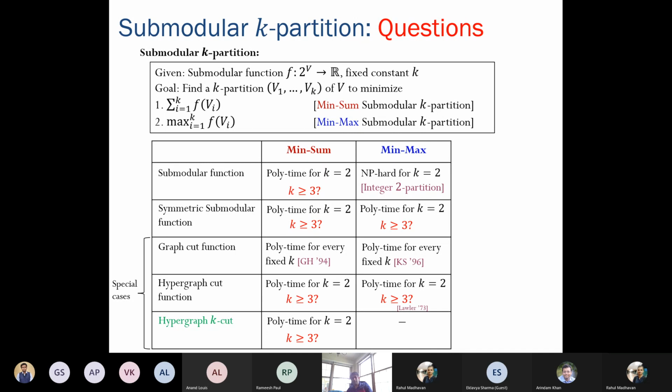Approximability, I don't think anything better is known. Monotone submodular functions are more interesting from the perspective of maximization problems than minimization problems. There we think about approximations when we want to maximize these measures. Minimizing, yeah, we don't know polytime for monotone either. Okay, thanks.